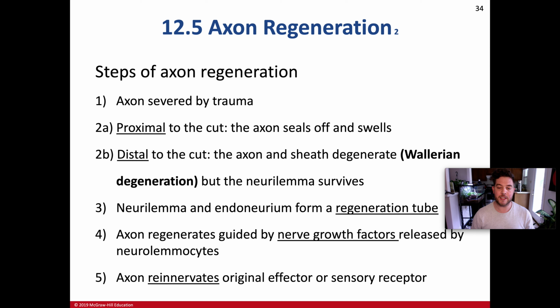The axon regenerates, guided by nerve growth factors released by neurolemmacytes. Neurolemmacytes release local hormones called nerve growth factors that encourage that growth. The axon re-innervates the original effector or sensory receptor. Remember, regeneration is the restoration of functional ability. So after full regeneration, the axon is able to re-innervate the original effector.